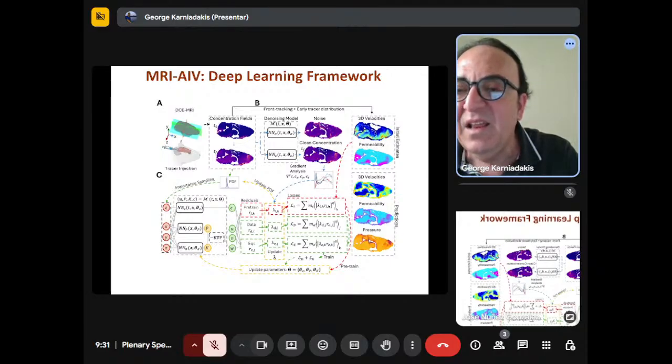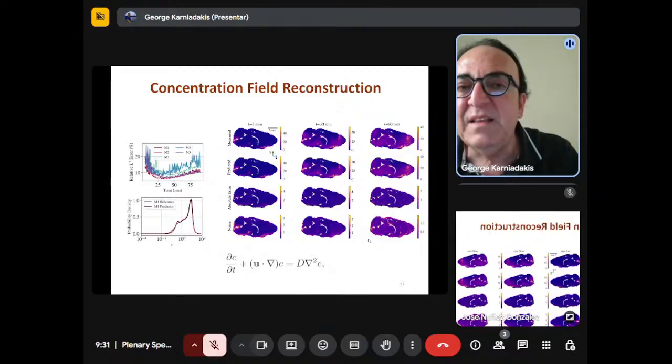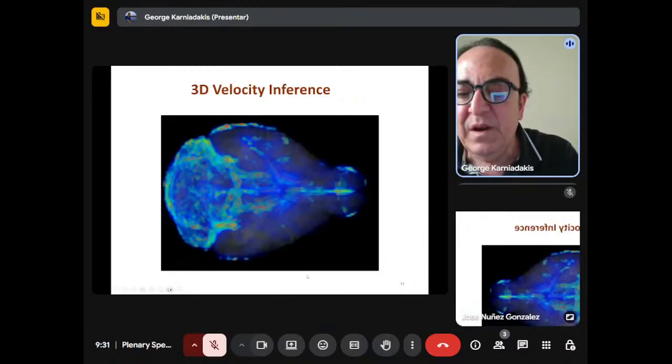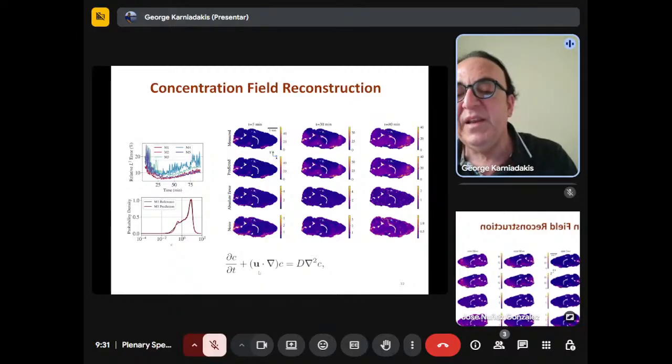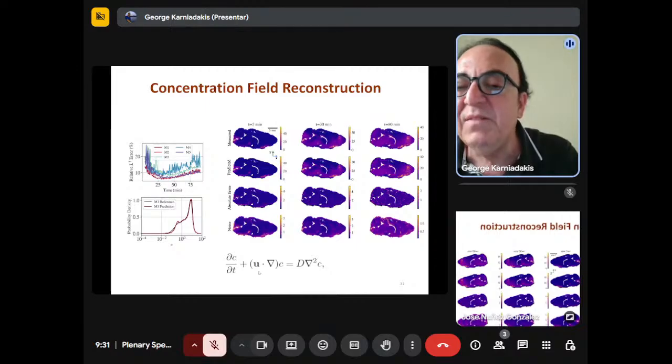These are real, noisy data. But you can see the first thing is, again, in hidden fluid mechanics, you try to use the concentration field, and match the concentration field, and you can see the velocity field appears in this equation. Therefore, if we invert this, which is a very difficult problem in 3D and complex geometry, we will obtain the velocity field.